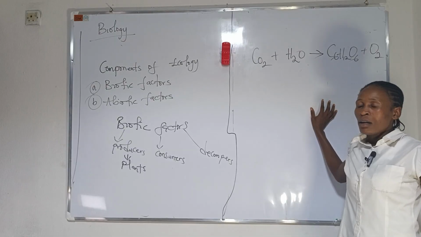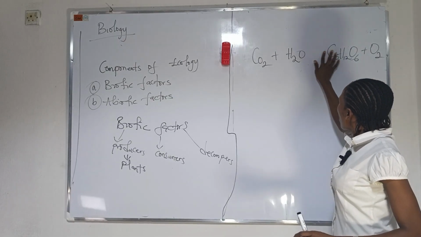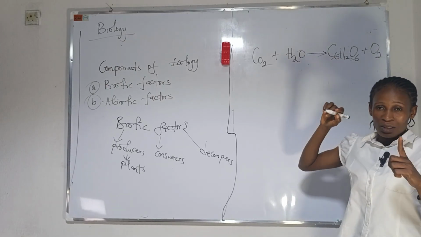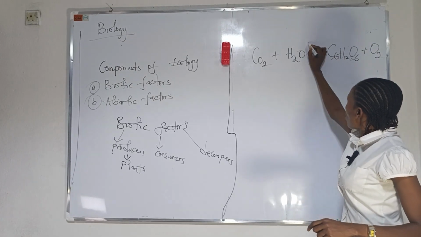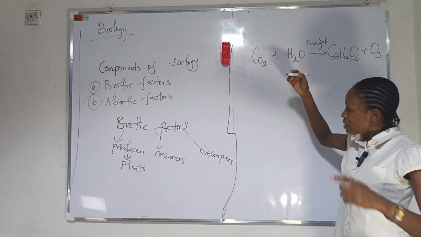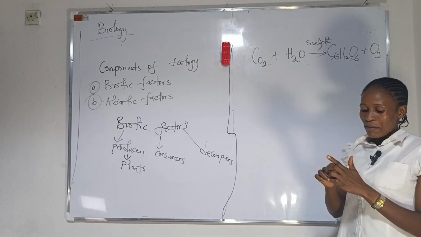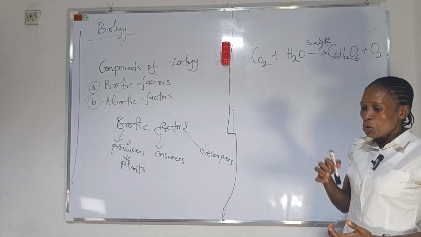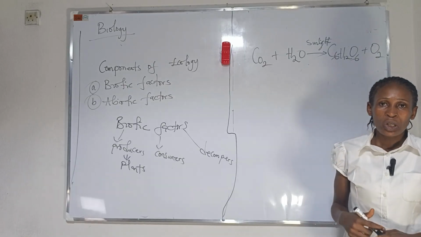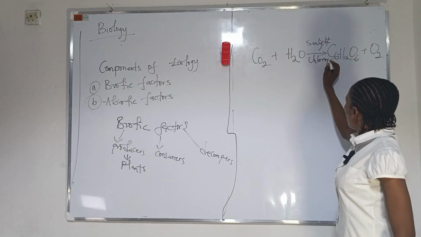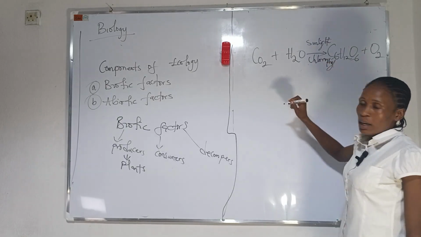But you should know that because what I am referring to is photosynthesis, there are two things that must be there. Sunlight must be there, because they say it's a process in which green plants manufacture their own food through the help of sunlight, using a pigment called chlorophyll. And chlorophyll as well must be there. Are you with me?